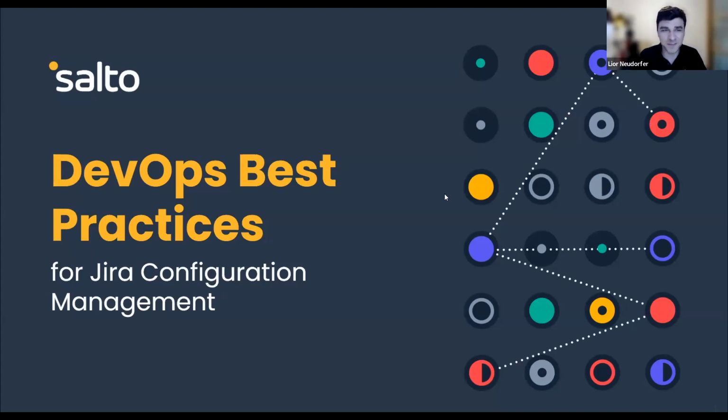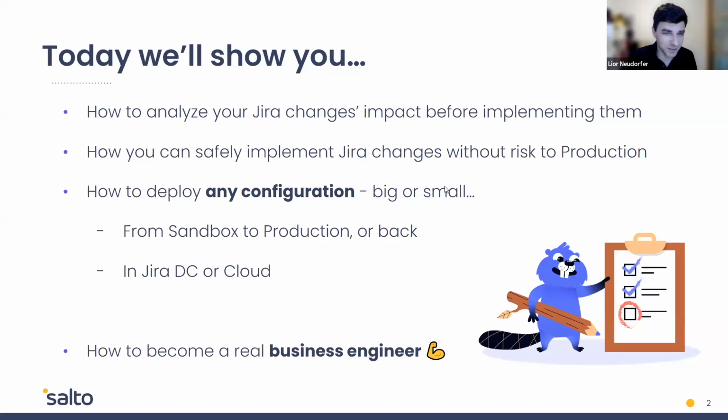So before I present myself, what am I going to show you today? I'm going to show you three big things. First, how you can analyze your Jira change impact before actually implementing them. The second thing is how you will be able to safely implement those Jira changes without any risk to production.